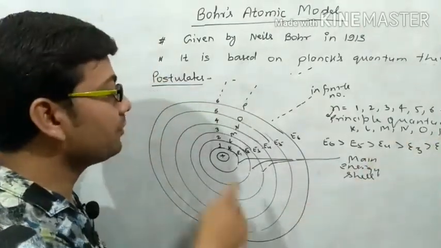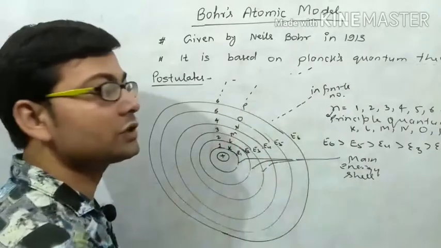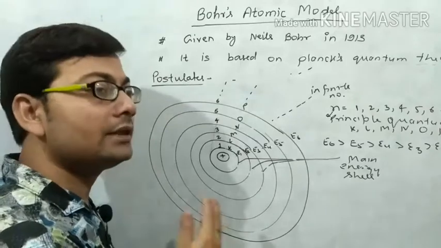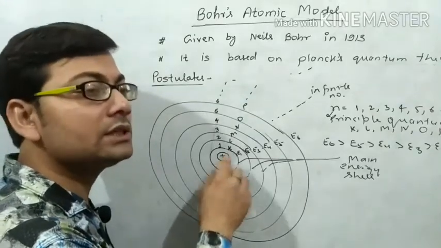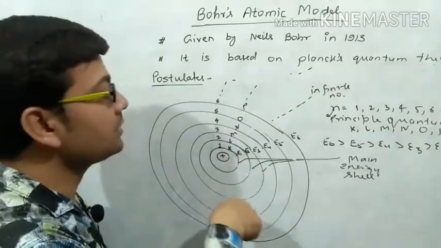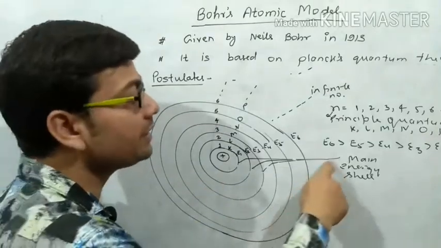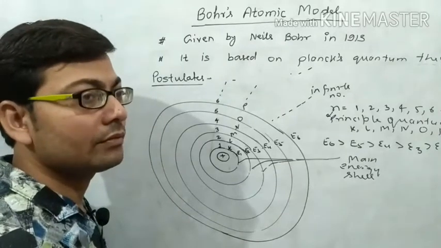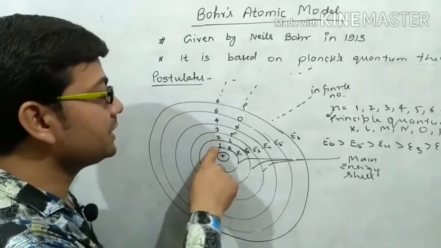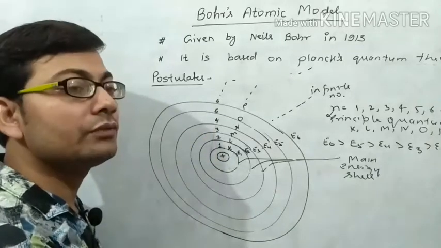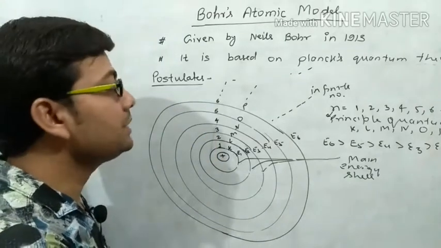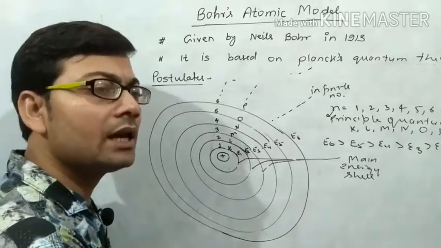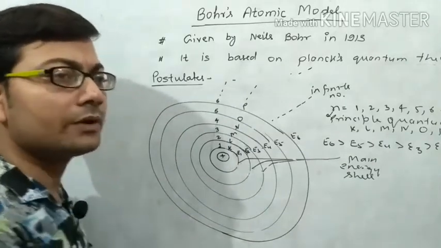When we move from the innermost orbit to the outermost orbit, the energy level increases and the distance from the nucleus also increases. These circular orbits are called main energy shells because they have a fixed amount of energy, represented by the principal quantum number and designated by K, L, M, N, O, P and so on.